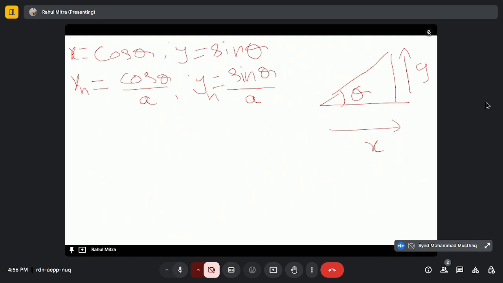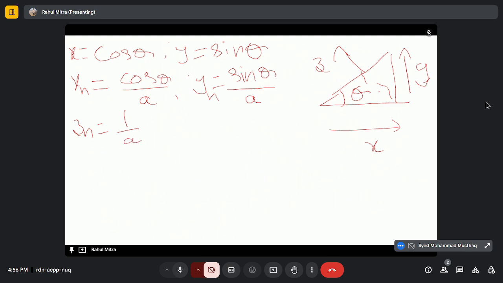So far we have represented this in two dimensions. Now if we go into three dimensions, taking the z axis into the screen, we also consider unit length into the screen. So Zn will be unit length divided by a.